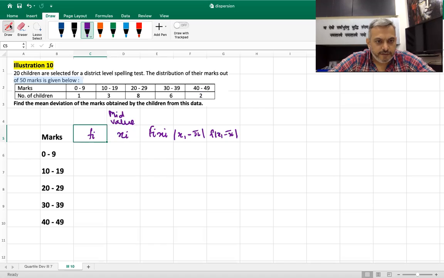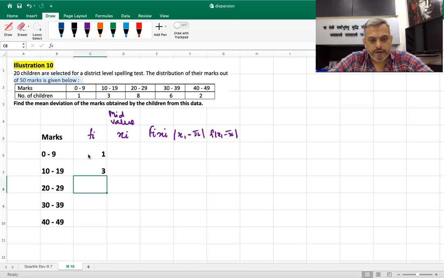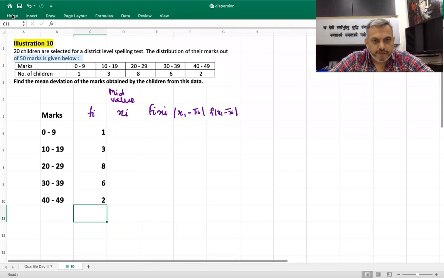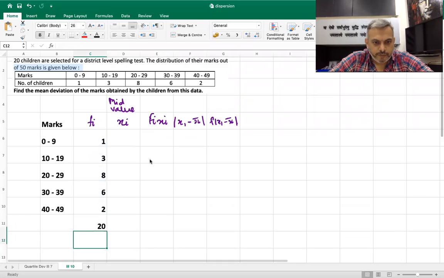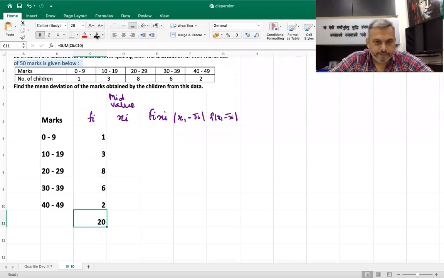Now frequency. Let's take the frequency 1, 3, 8, 6, 2. Now it is mean deviation, so we have to find the mean. So let's do the total. Total is 20.